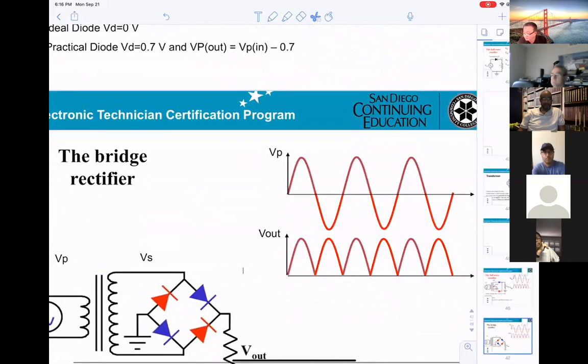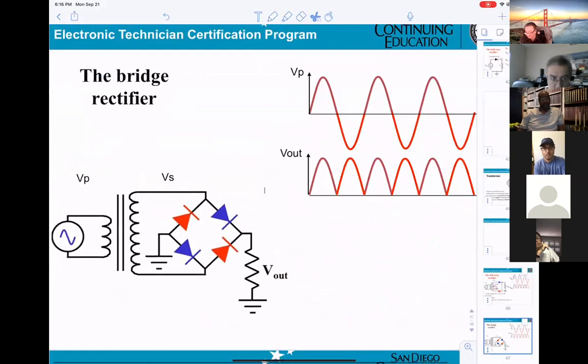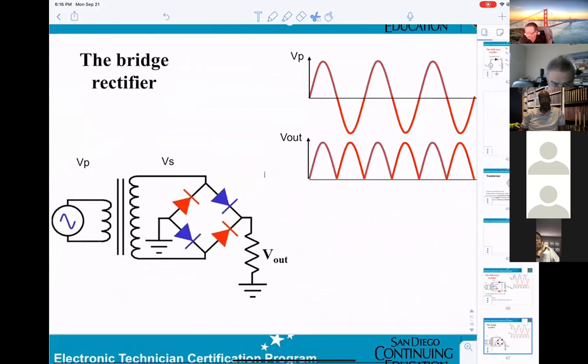Now, another full wave rectifier. You see the output is the same. That means they rectify both positive and negative. However, this is a different way. They use the normal transformer. You see that? Just a normal one, not a center tap. However, they need four diodes connected this way. We will explain to you how they work.